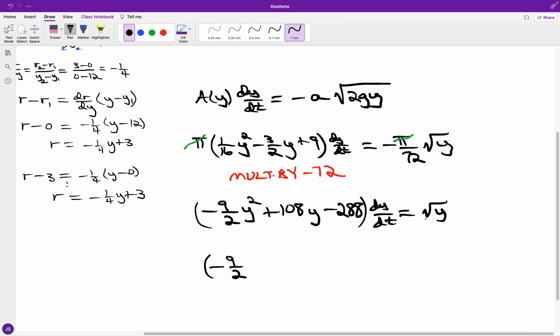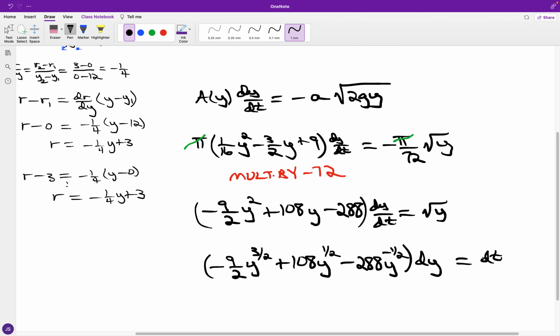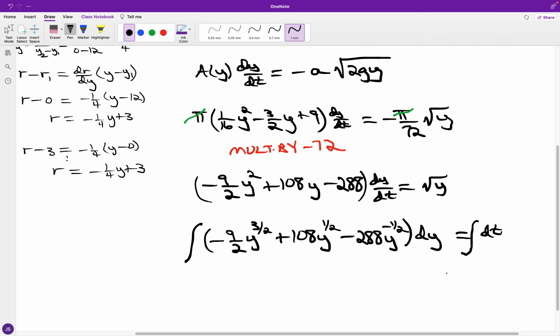So dividing y squared by y to the 1/2, you have negative 9/2 times y to the 3/2, and we have plus 108 times y to the 1/2, and we have minus 288 times y to the negative 1/2, quantity dy is equal to dt, and integrating on both sides.